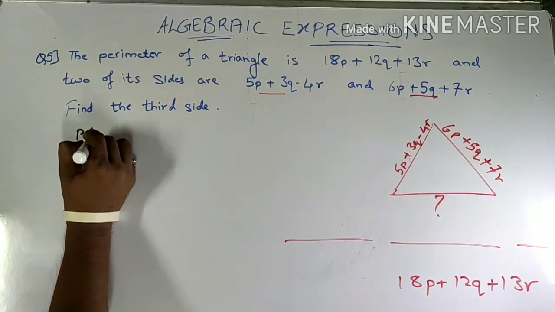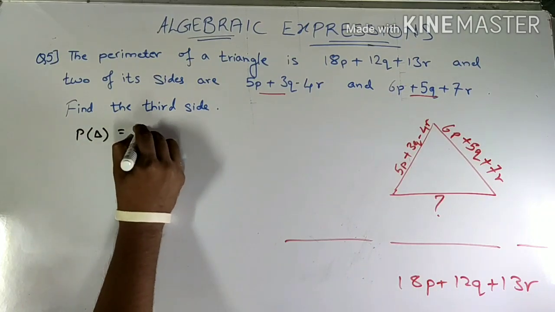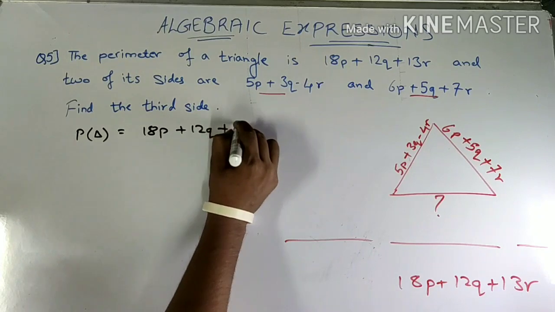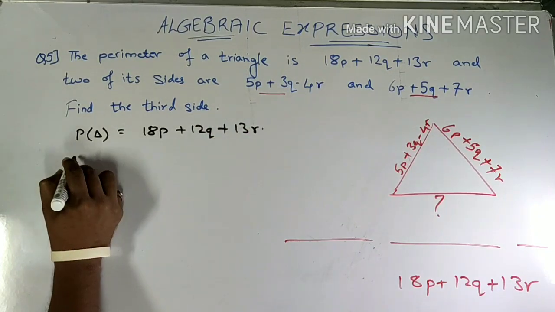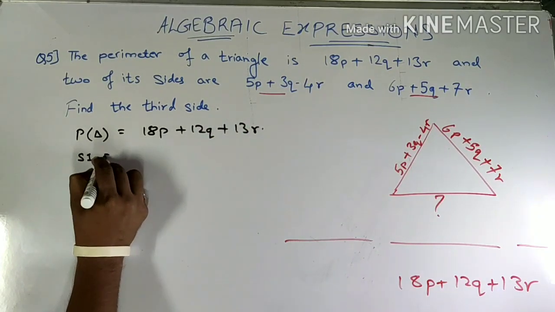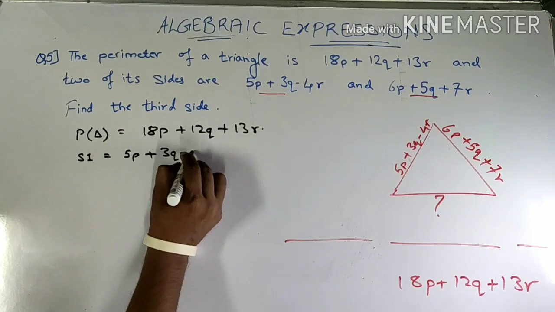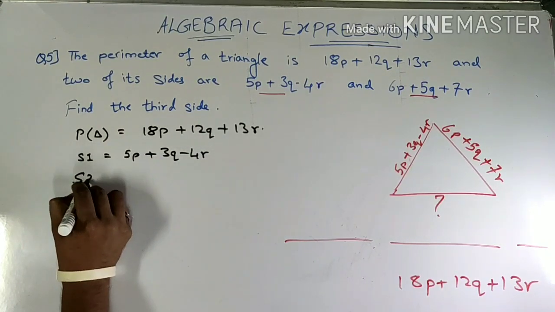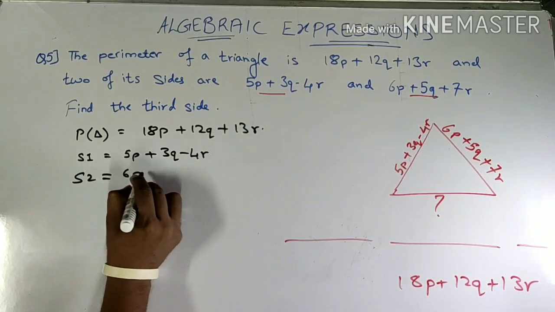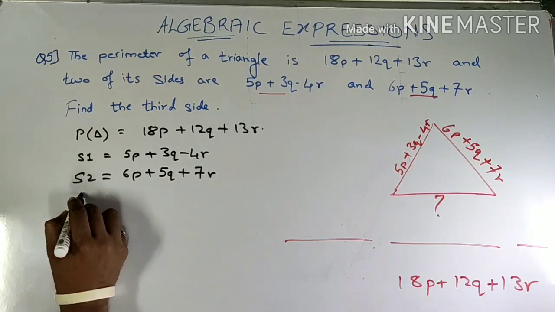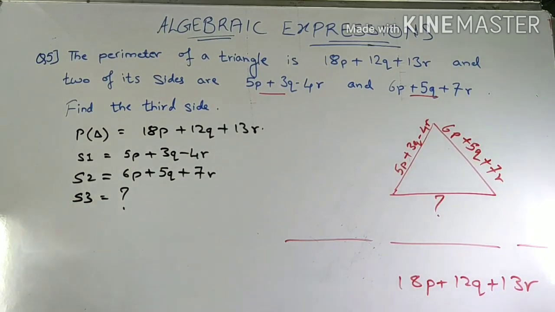So perimeter of a triangle is 18p plus 12q plus 13r, and side 1 is 5p plus 3q minus 4r. Side 2 is 6p plus 5q plus 7r. Side 3 we are supposed to find. So how do we find side 3?